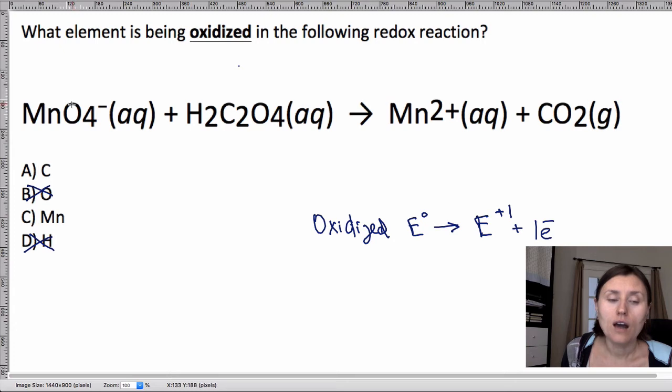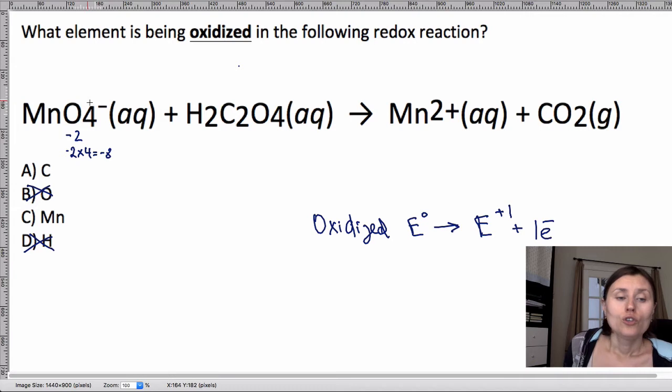Well, we know that oxygen always has a -2 charge, but we have 4 oxygens. So it's going to be -2 times 4, which gives us -8. So the charge of the O4 here is -8.